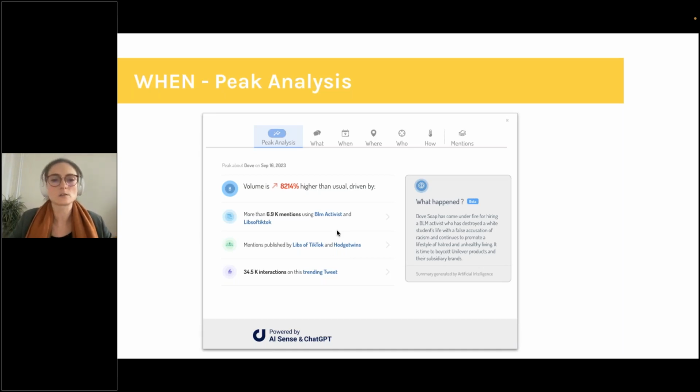Is it an unusual volume for a hashtag or for a topic, or is it due to an influencer with a very large following, or is it due to an unusually high level of interactions? And so that you can quickly understand what happened without having to scroll through all these mentions, Digimind integrates with ChatGPT. Here on the right side, you're going to find a short summary and quickly understand what's going on.